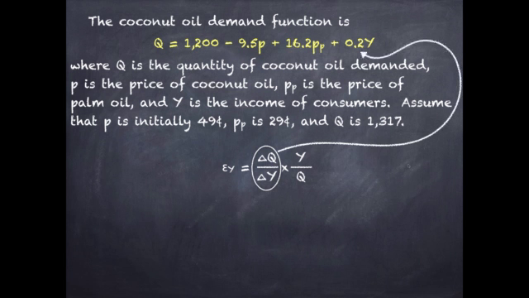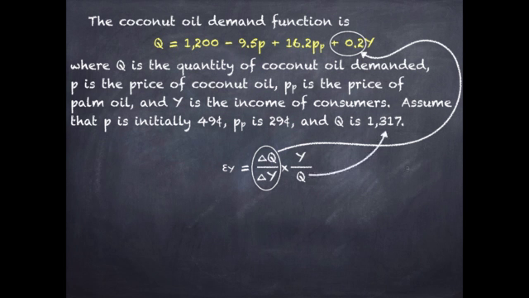For example, the change in Q over the change in Y is given to us. If we were to take the derivative of Q with respect to Y, the coefficient on the front of Y would be the change in Q over the change in Y. So that information is given to us.